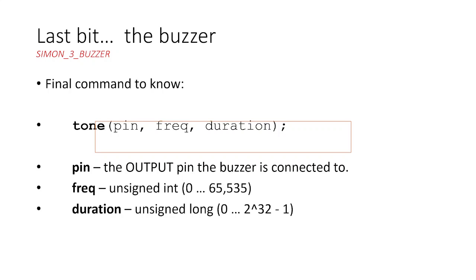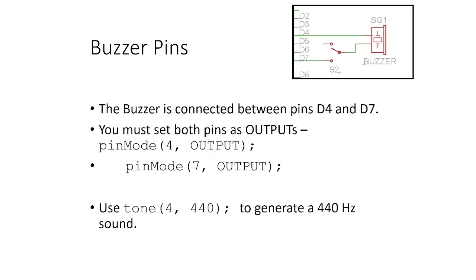There's a game called Simple Simon. You can make the game using Arduino and the buzzer, but we are not going to do that. Maybe in the next session in future.